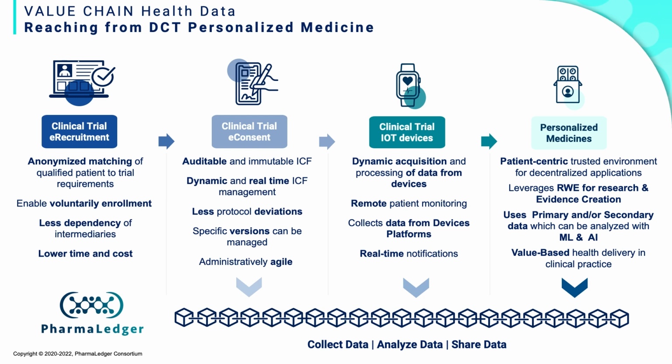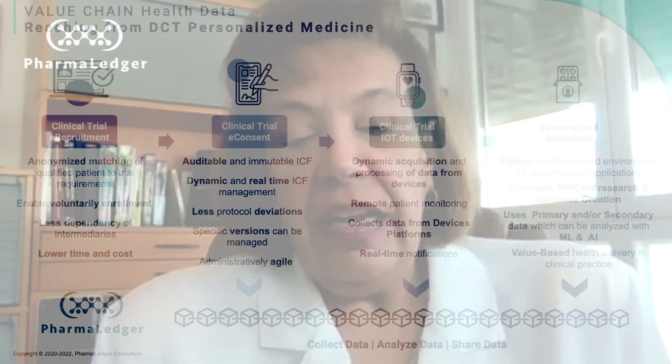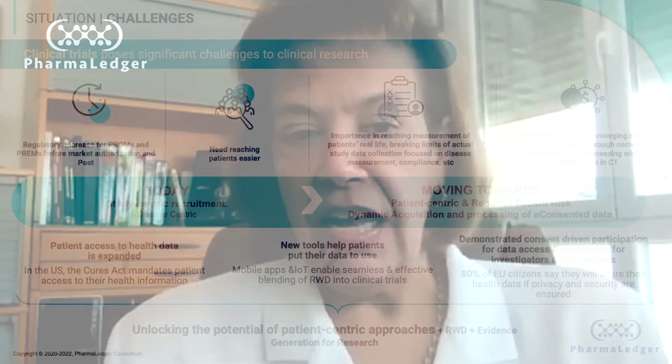This is consulted in real time and enables visibility of consent through the whole value chain in clinical trials, and through the whole process, when we use the device data or the clinical information or health records from the patients. So we have blockchain over all the value chain. Having these models and this approach in PharmaLedger has helped us to overcome several challenges.